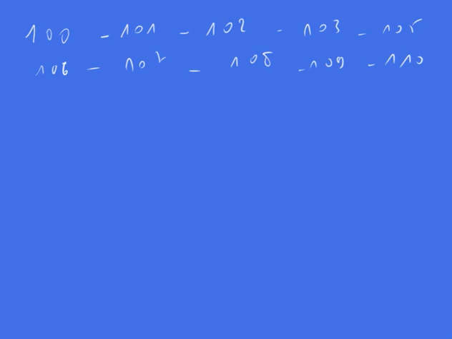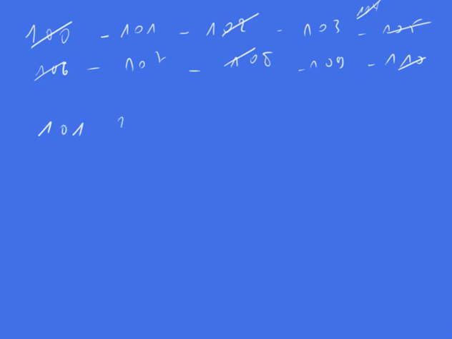The first number 100 is not a prime number because it's even. Also 102. 104 is not a prime number. 106 also, and 110 not a prime number. 105 is not a prime number because the unit digit is 5.